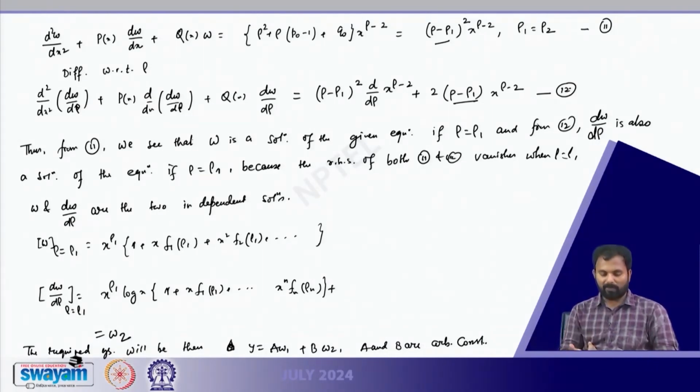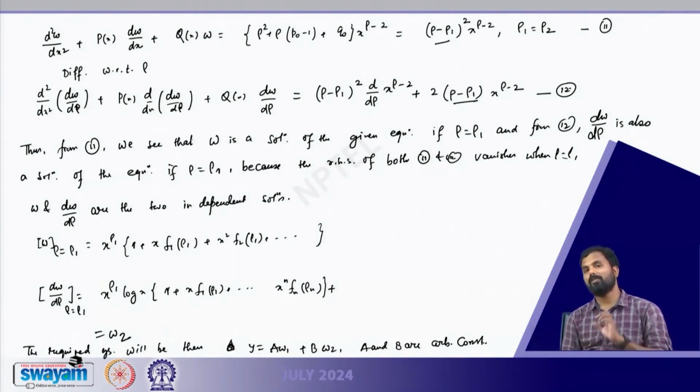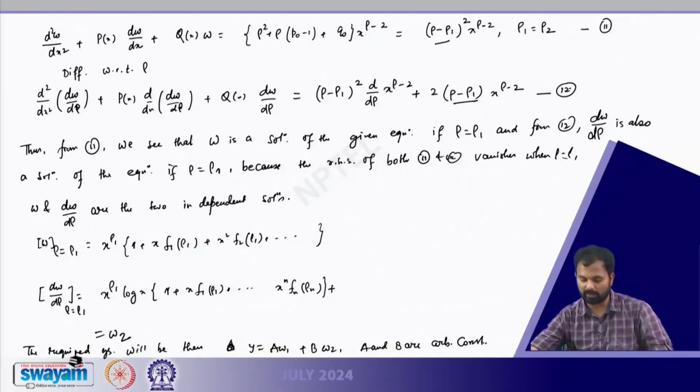So, as you can see, if the roots are equal, then the whole methodology changes. When the roots are distinct but differ by an integer, the derivation is really long, so we will skip that part, but if you are interested, you can definitely look into the textbook. That is the third case, right.